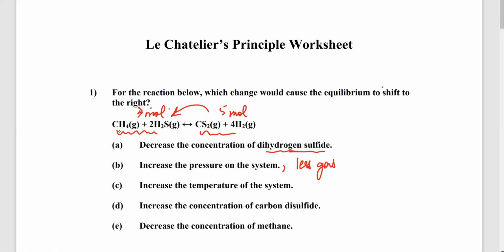So that'll make more on the right. There'll be more moles on the right, so it'll try to equal it out by going to the left. Okay, that's fine. So that's obviously not the answer.